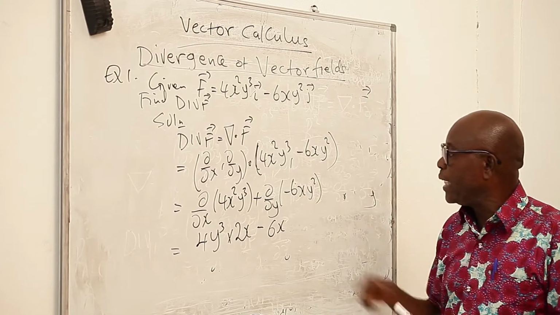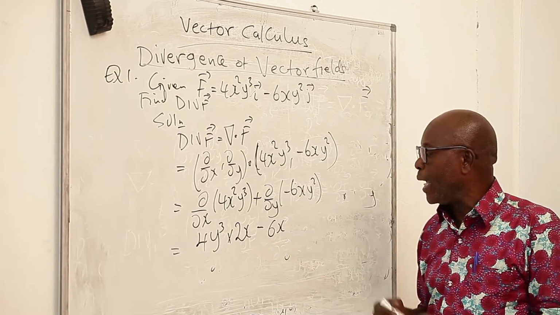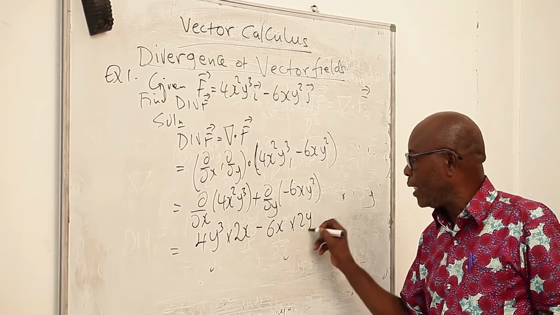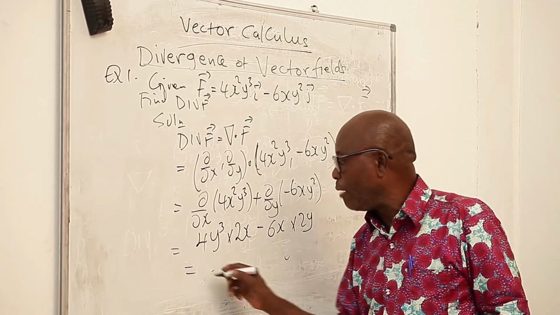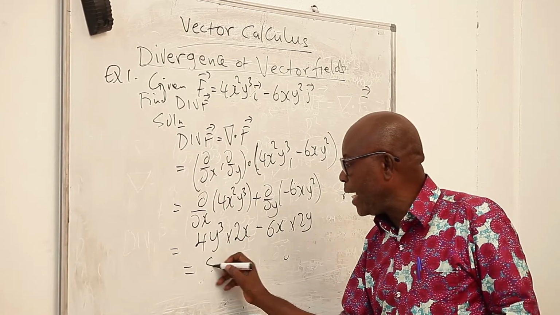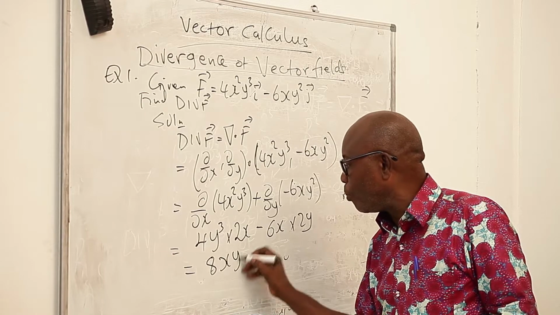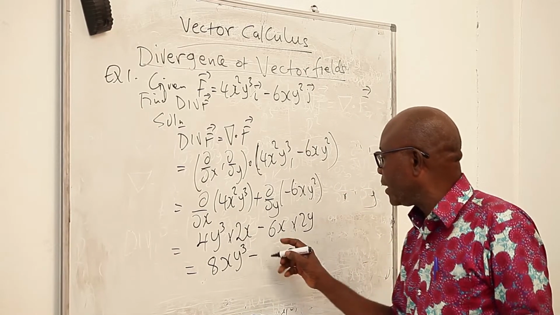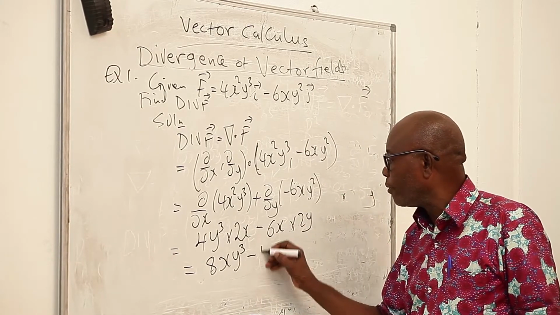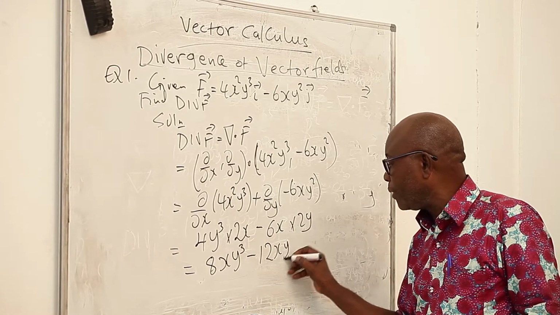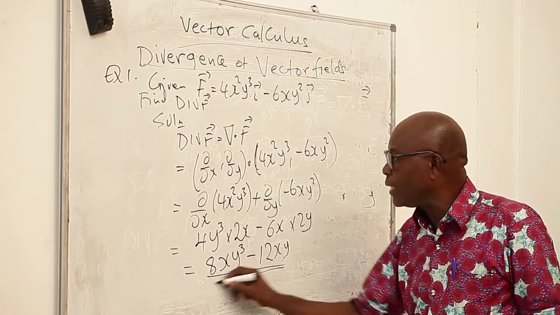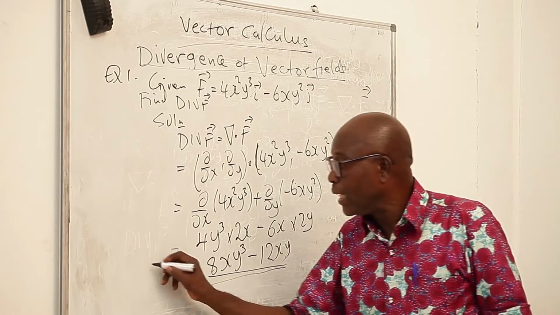If you differentiate y squared with respect to y, you're going to have 2y. And so if you tidy up, you're going to have 4 times 2, which is 8xy cubed, then minus 6 times 2, which is 12xy.